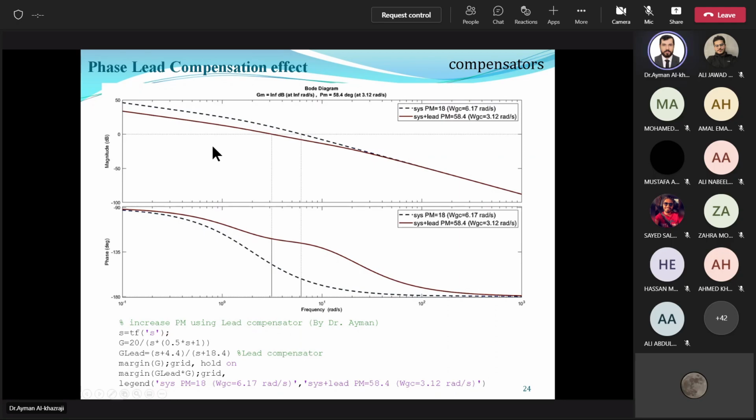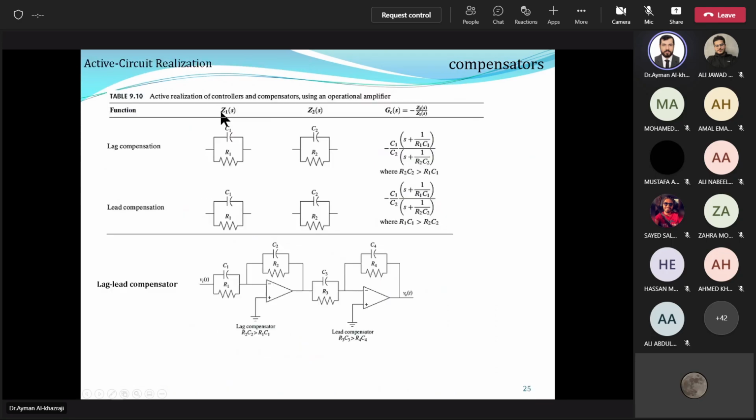If I told you the lag, it means I will bring lag. Almost, if I bring it, it will be lag. And if there is something about the lead, it will be implementation. And the implementation, let's see. Listen, in the implementation, let's cancel something. Implementation using active circuit, this one cancel, no need.